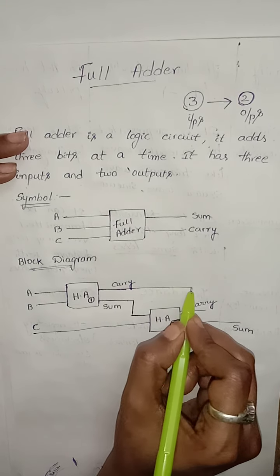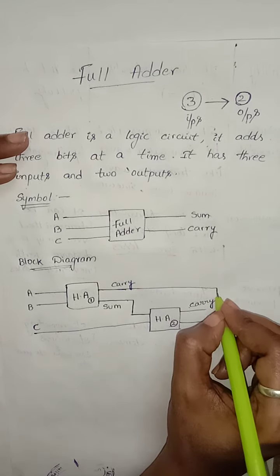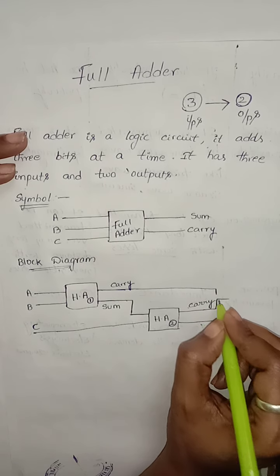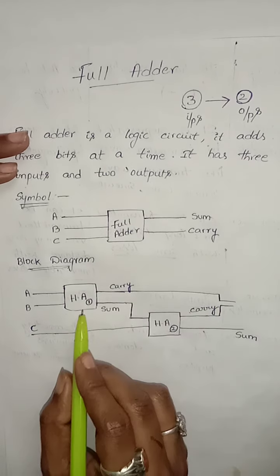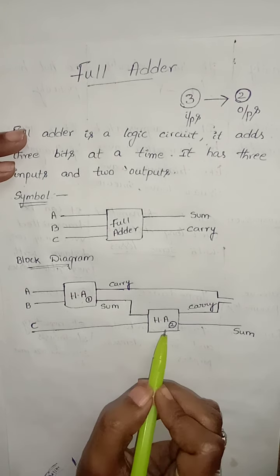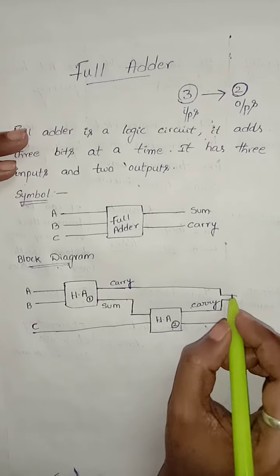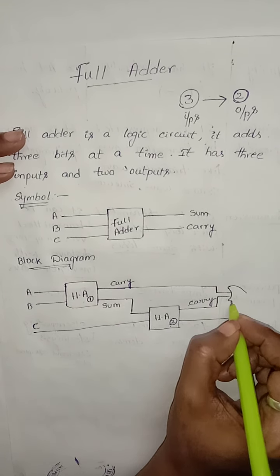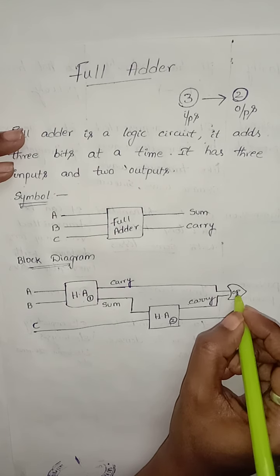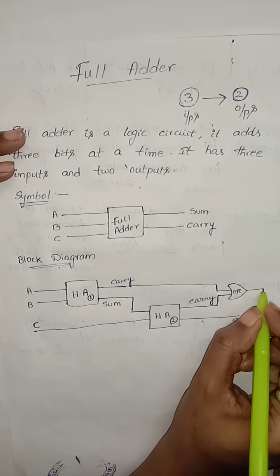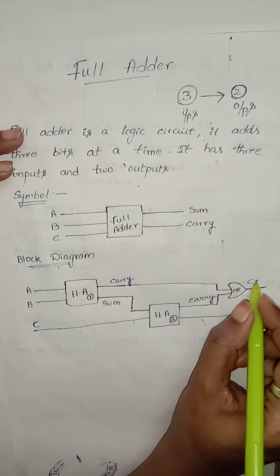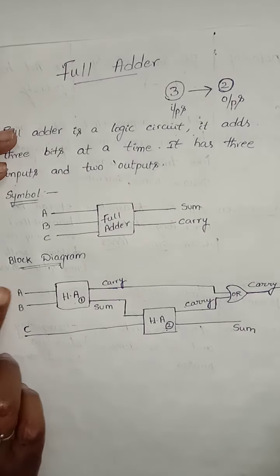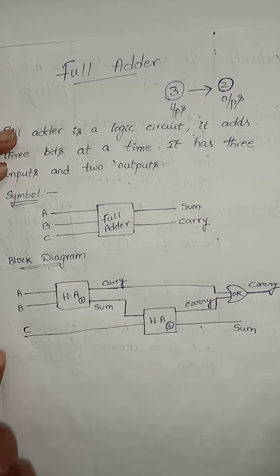The carry of the first half adder and the carry of the second half adder are given to the OR gate. It gives the final carry when we add the 3 inputs A, B, C.